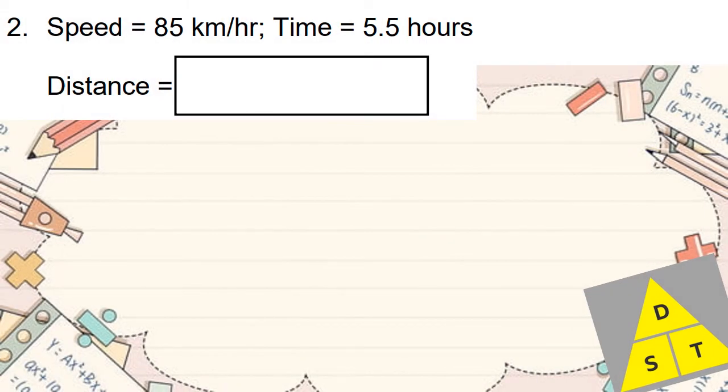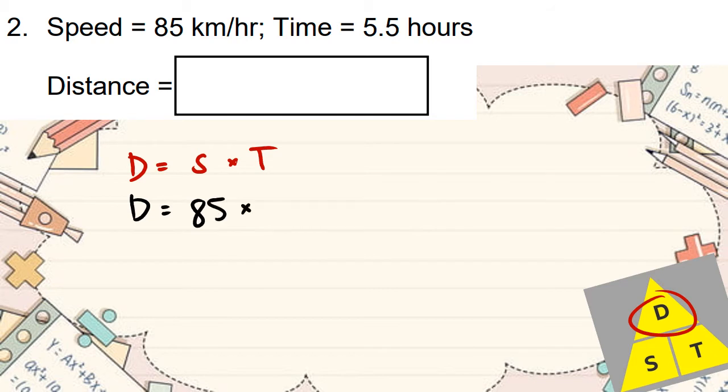Speed is equal to 85 kilometers per hour, times 5.5 hours. Find the distance. So distance is found at the top. So distance is equal to S times T. That's the formula. So distance is equal to the speed, 85, times 5.5, the time.